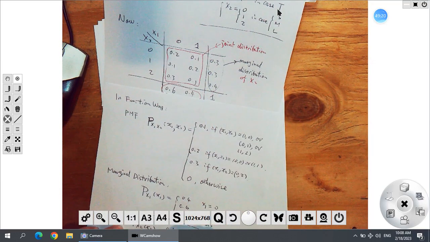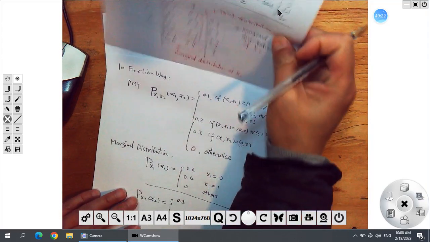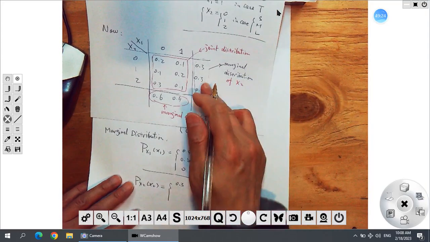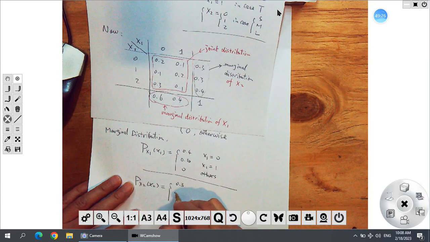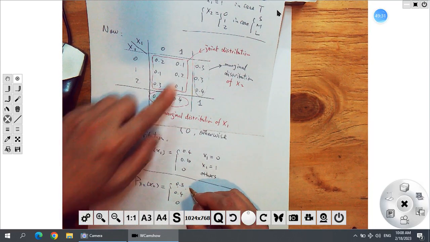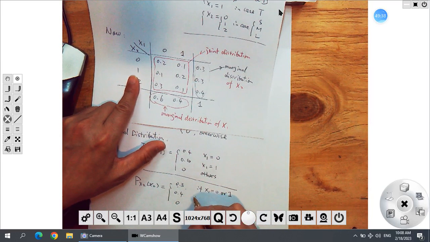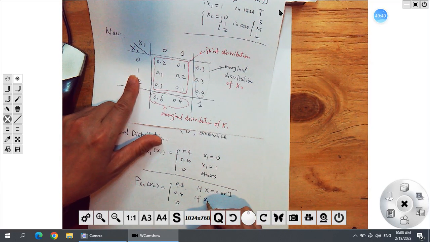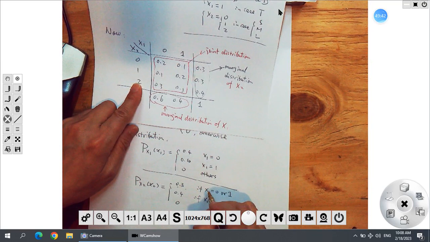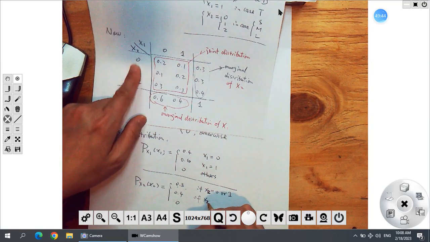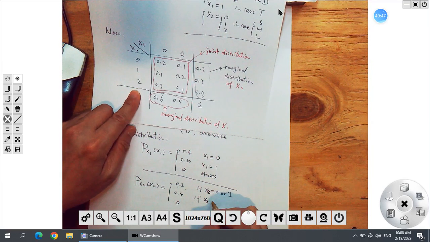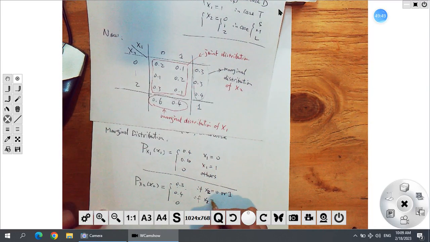And p of x2 will be this one. It's 0.3, 0.3, and I have two 0.3s, so I can merge them together: 0.3 for x2 equal to 0 or 1, then 0.4 if x2 is 2, and 0 for all the others.